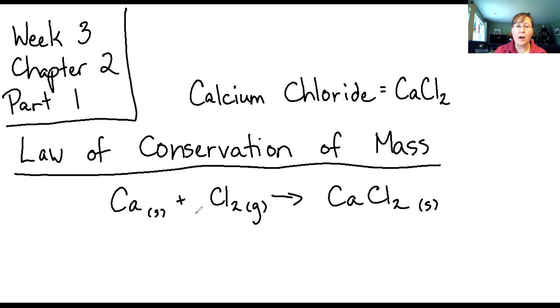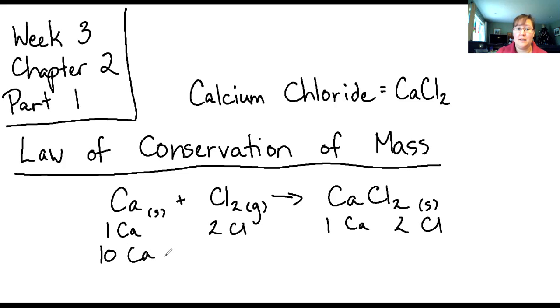So here we have our equation. And again, you're going to see these in chapter 3. Don't worry about them too much right now. But what we're looking at here is that if we have 1 calcium on this side and 2 chlorines on this side, then we will end up with 1 calcium on this side and 2 chlorines on this side. So you'll have 1 calcium and 2 chlorines in the reactants and 1 calcium and 2 chlorines in the products. Law of conservation of mass says, though, that let's say we start with 10 calciums and 20 chlorines.